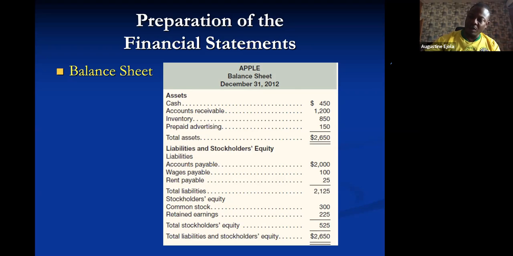So if, for instance, MTN, which is a company, invests in Zenith Bank, and Zenith Bank pays dividend, MTN will receive that dividend in their books as an income. That is different from the dividend that MTN will pay from their own operations. So there are two different things. The dividend that you pay from your own operation is not an income, neither is it an expense, but an appropriation.